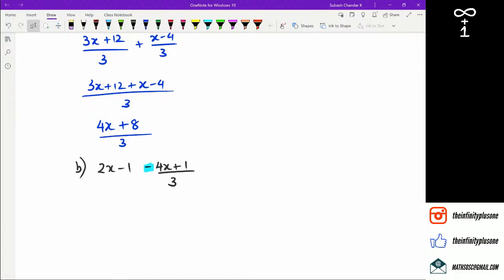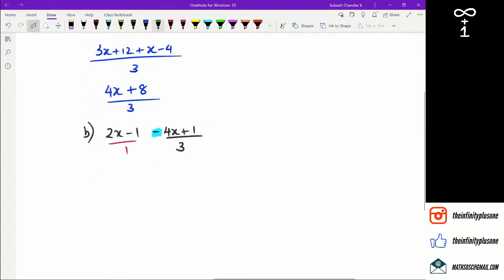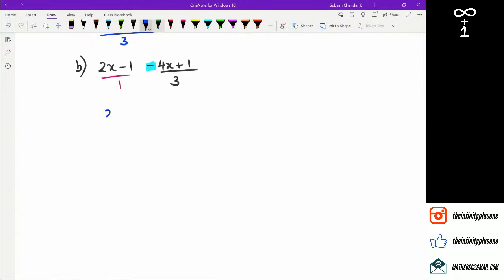So have a look. First thing is this. We know that this is divided by 1, right? So that's all fine. So we're going to write that up as 2x minus 1 over 1 minus 4x plus 1 over 3.